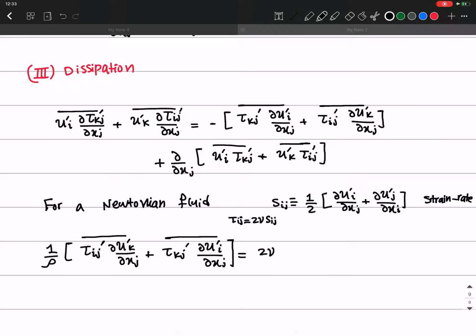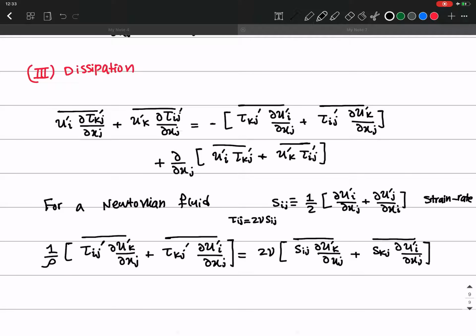We know that these are linearly related, so I can write here 2 nu Sij partial u prime k over partial xj bar instead of the first term, and then for the second term I'm going to write Skj partial u prime i over partial xj bar.